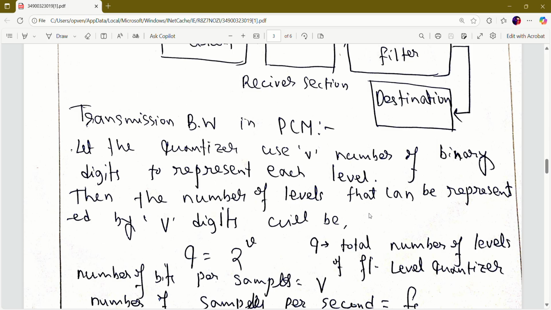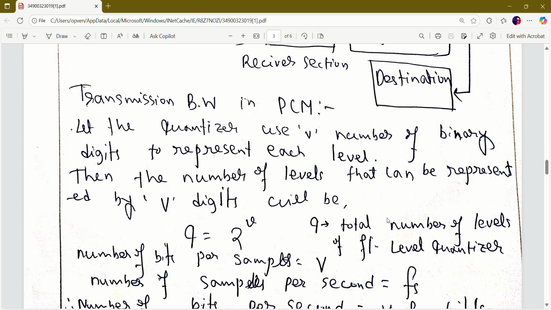Then let us know about transmission bandwidth in PCM. Let's consider that the quantizer uses binary digits to represent each sample.